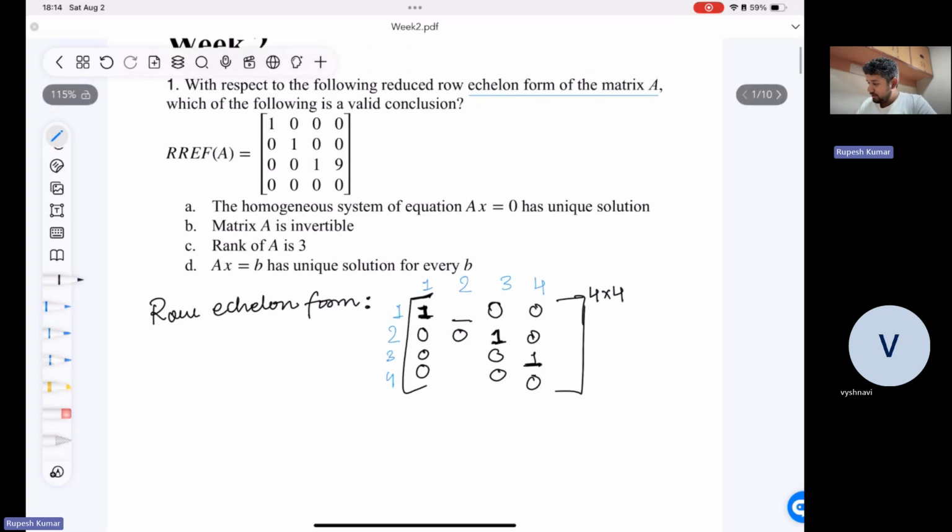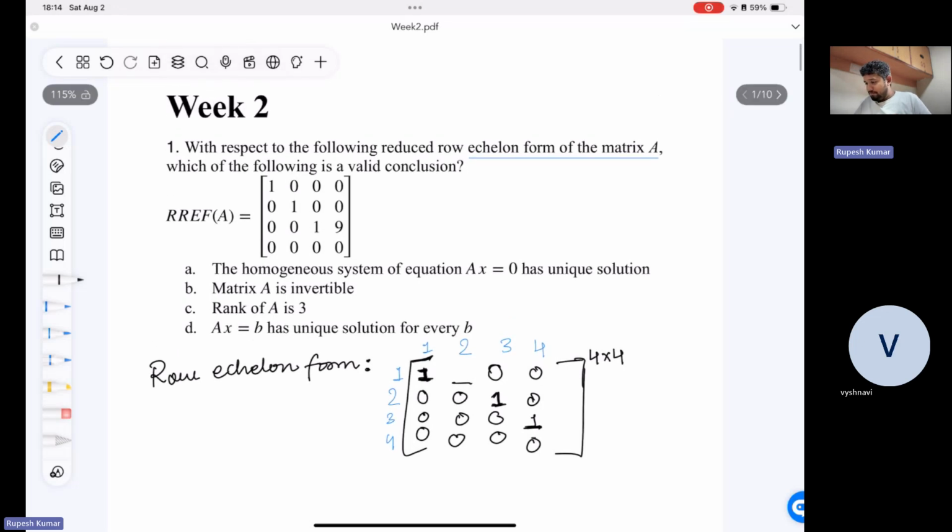If we know that the matrix has these properties, then we can always figure out some properties of this matrix, right?